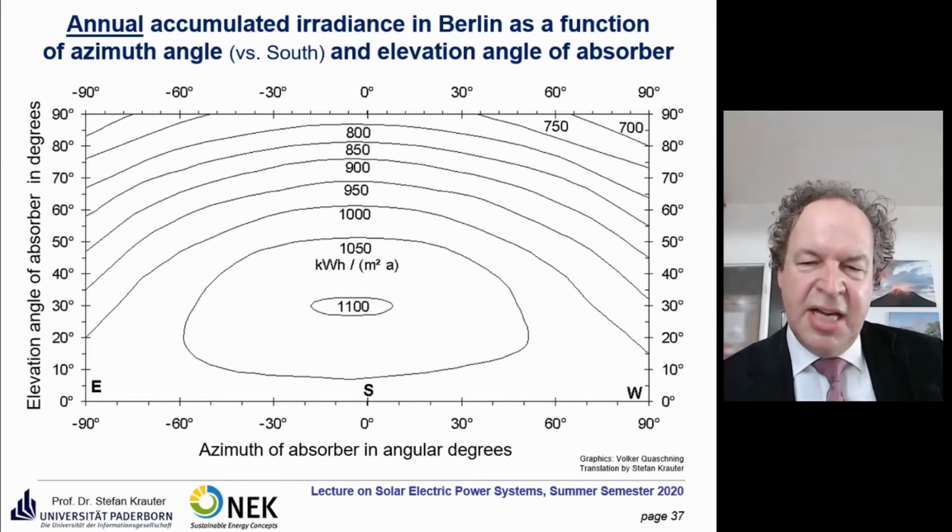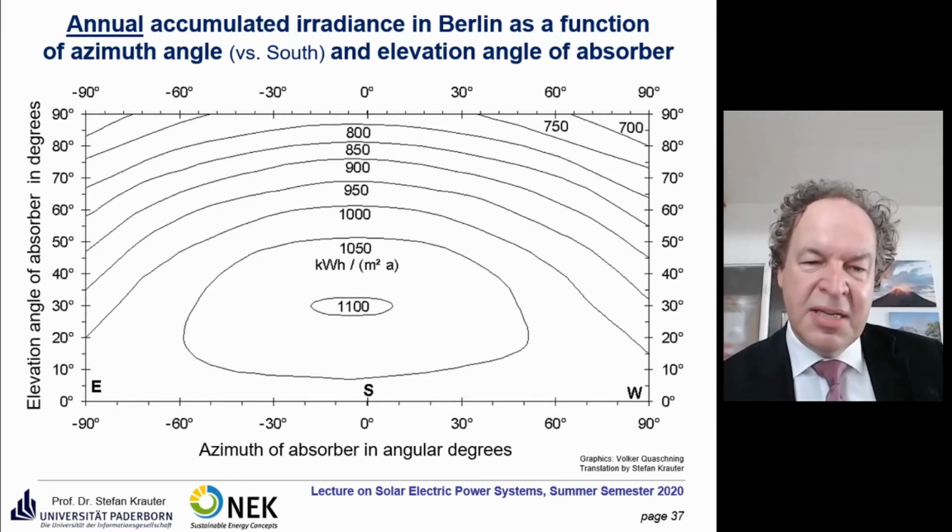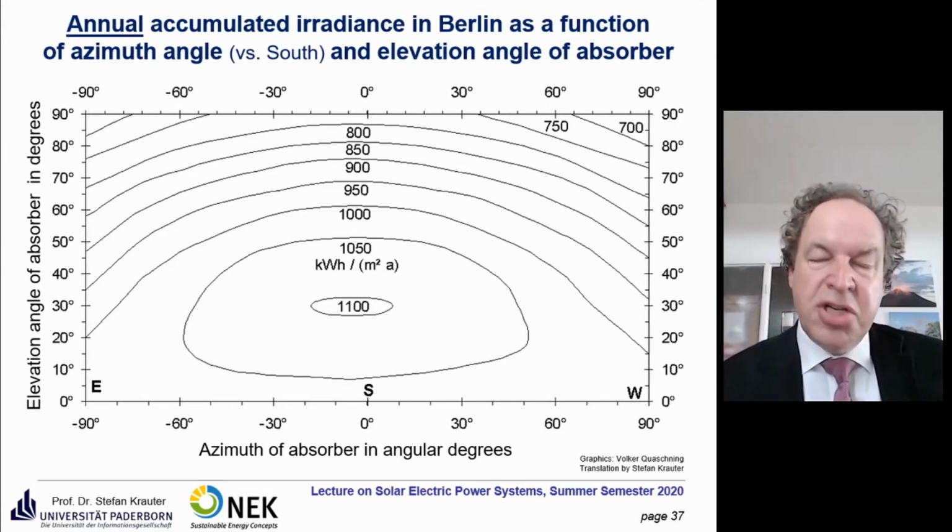So it is not exactly important. Therefore, I mentioned the formulas only very briefly. If you deviate 1 or 2 degrees, it doesn't have any big impact at all on the yearly energy yield of your photovoltaic panel.